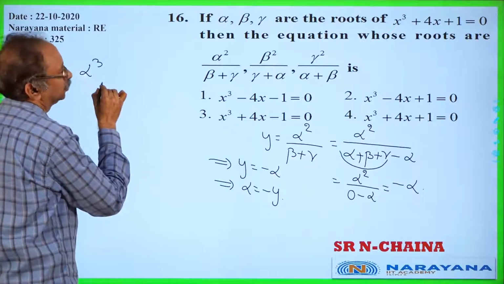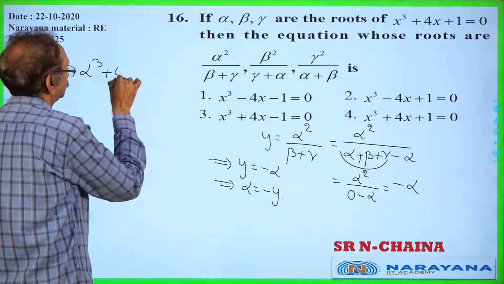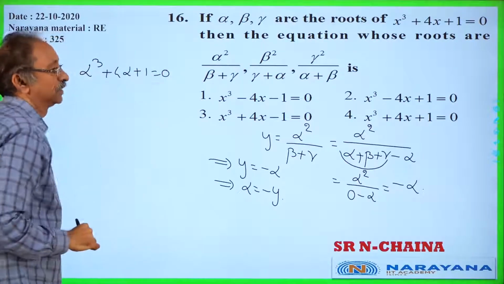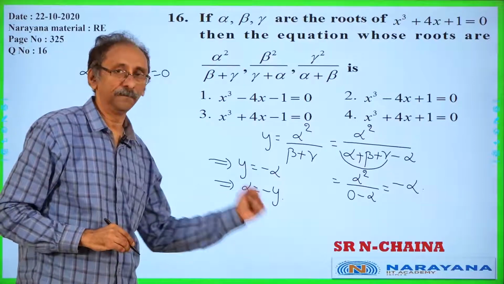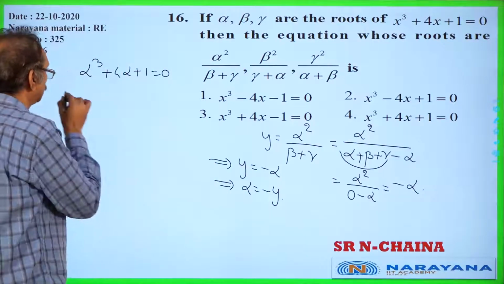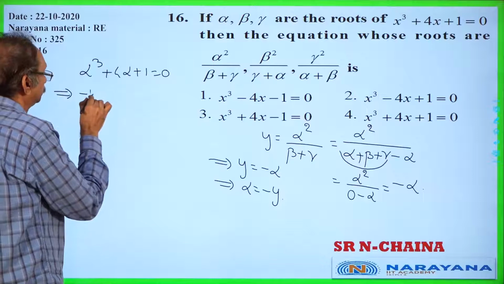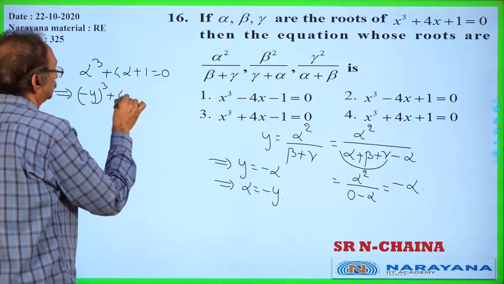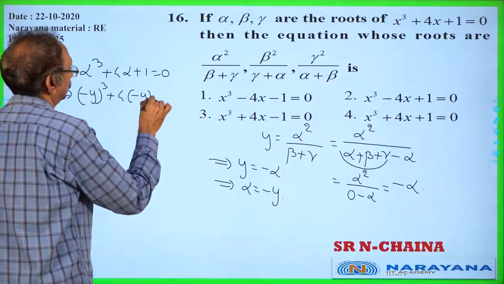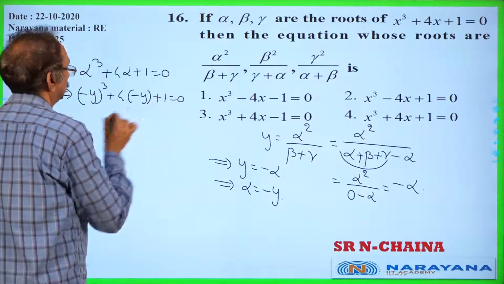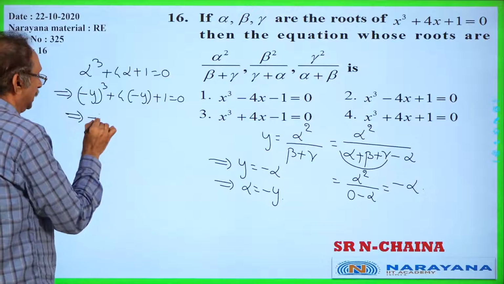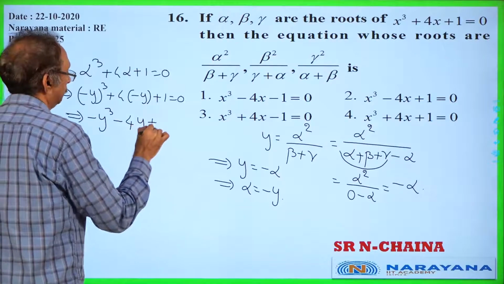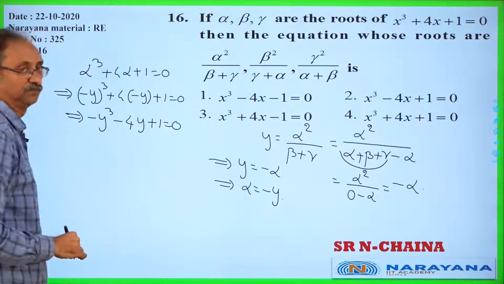That is alpha cube plus 4 alpha plus 1 is equal to 0. But what is alpha now? Minus y. So, I can write minus y in place of alpha. That is minus y whole cube plus 4 into minus y plus 1 is equal to 0. So, that is minus y cube minus 4y plus 1 is equal to 0.